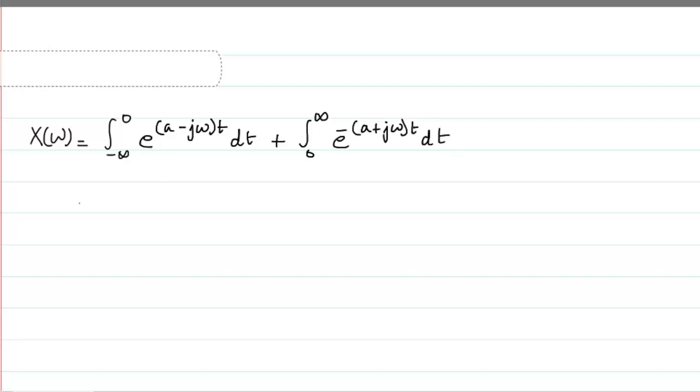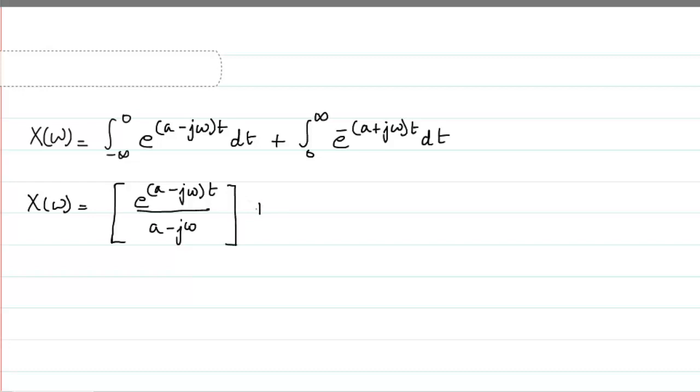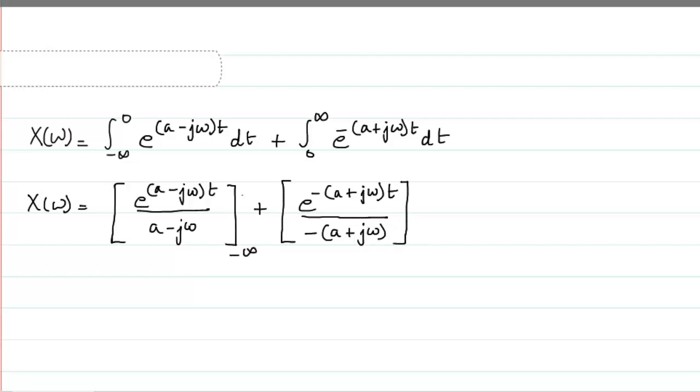You can check it. Now if I do the integration, I will get x of omega equal to e raised to power a minus j omega t divided by a minus j omega, plus e raised to power minus a plus j omega of t divided by minus of a plus j omega, with the limits from minus infinity to 0 and from 0 up to infinity.